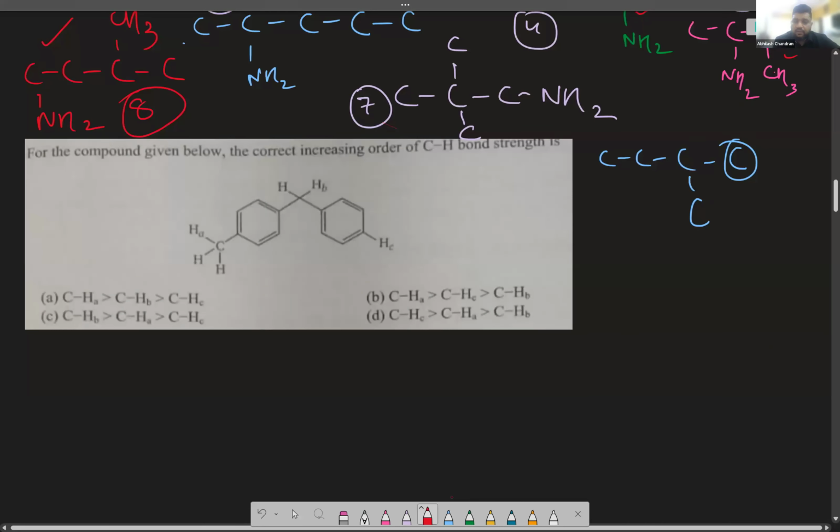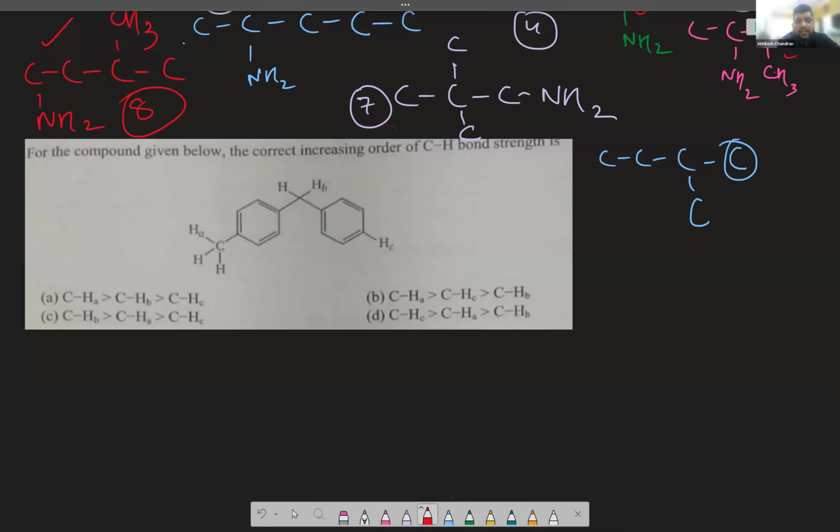Now, the next question is from organic. From the compound given below, the correct increasing order of CH bond strength is, right? Now, when you are looking at bond strength, bond energy is parallelly what we are looking at. Bond energy generally refers to giving energy to break this bond down, and generally, bond energy is also related to homolytic fission, right?